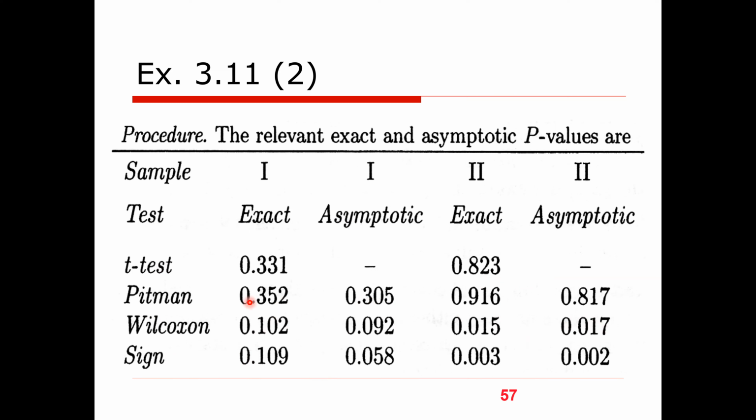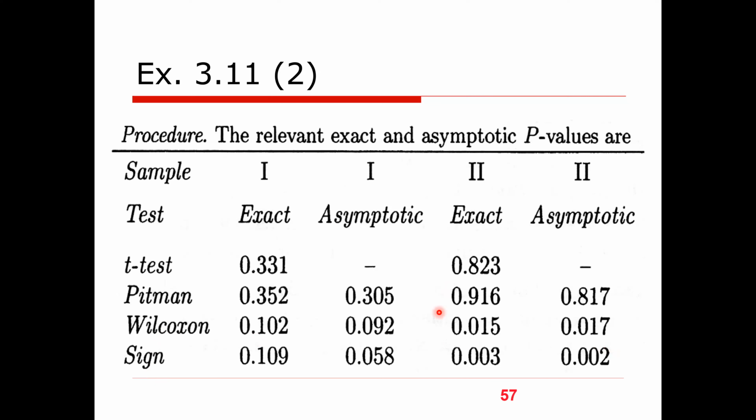Why do we say it's not too good? Because it's a very large p-value, and we fail to reject the null. However, when we use the Wilcoxon sign test, the p-value is rather small. We may make different decisions if we use different methods.